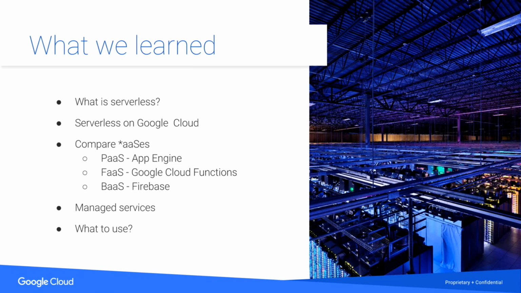So I want you to think about what you might use for your next application or for existing applications, and how you might begin to, rather than lift and shift, think about moving and improving those applications to become more serverless and moving towards a low ops and no ops infrastructure. And with that, we will move to Q&A.